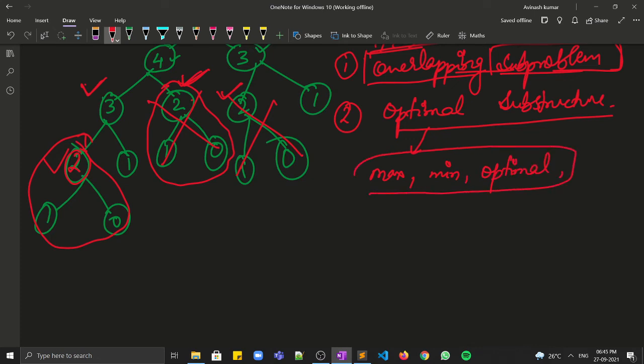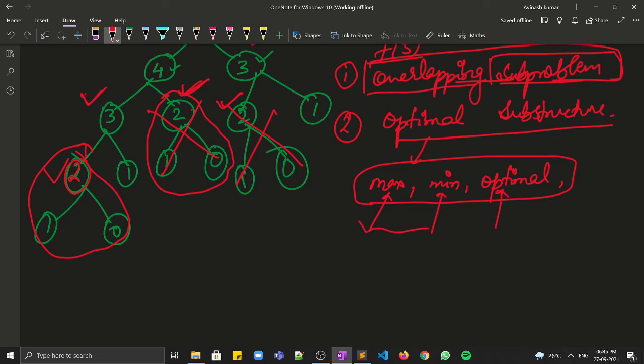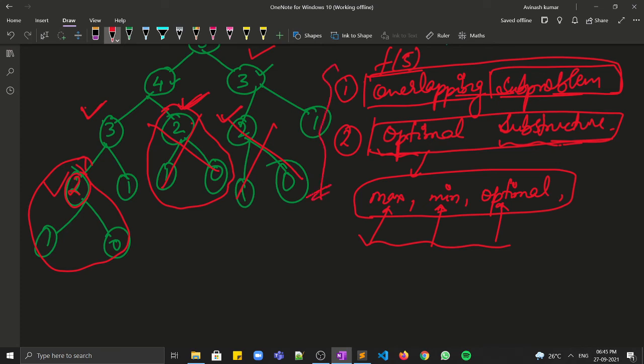So these are told where you have a choice, whether you have to get the max value or min or optimal, these are all problem based. Okay, so these are optimal, right? So optimal substructure means the same. These problems follow the property of optimal substructure. So these are the two necessary conditions for the problem to be in dynamic programming, and here you can use dynamic programming.